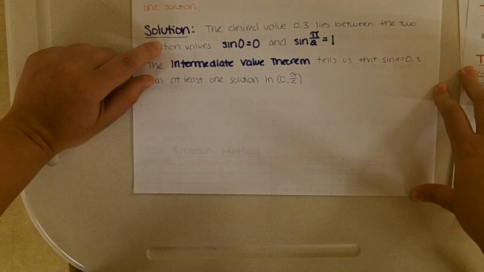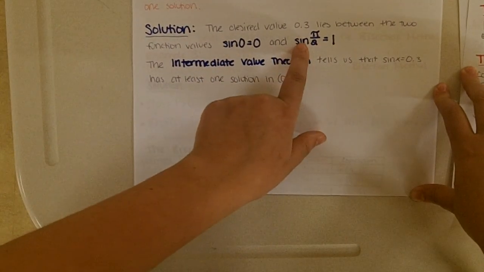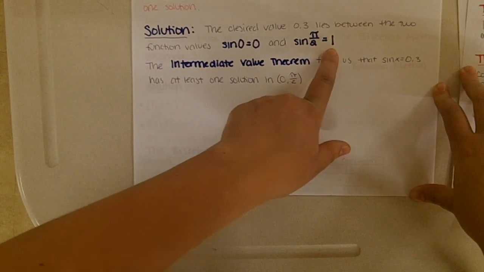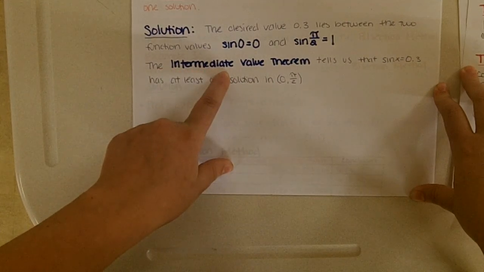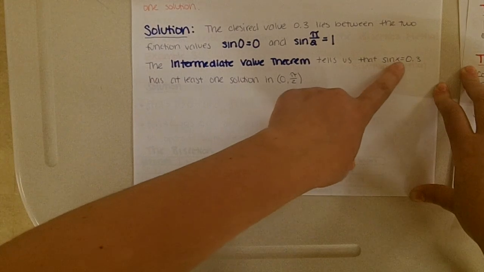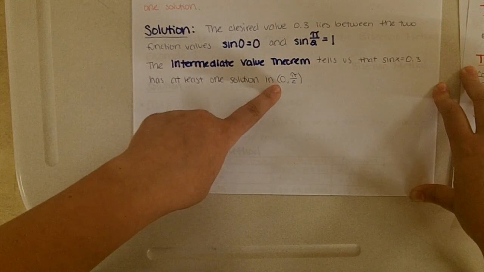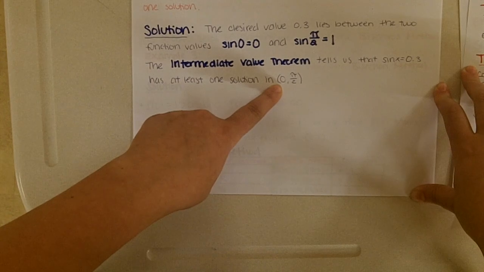The desired value, 0.3, lies between two function values, sine of 0 equals 0 and sine of pi over 2 equals 1. The IVT tells us that sine of x equals 0.3 has at least one solution in the interval 0 to pi over 2.